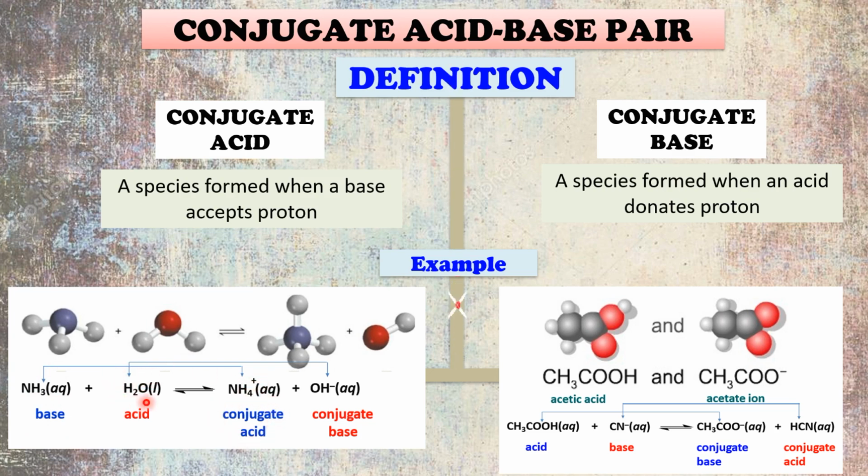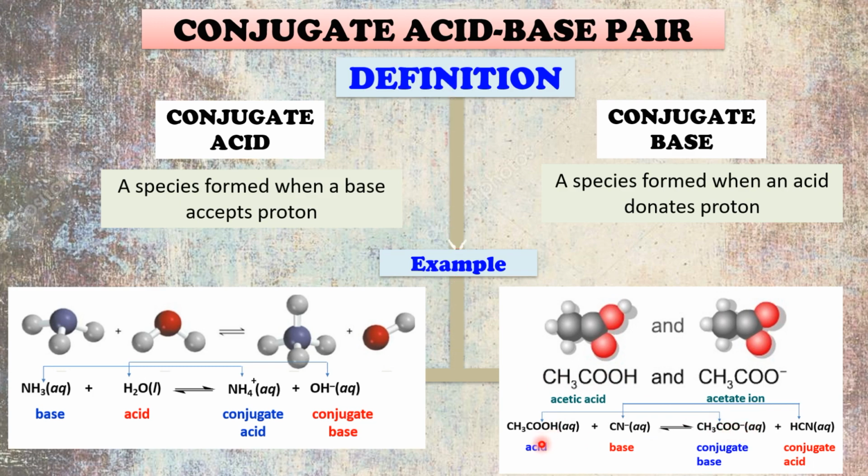Whereas H2O here donates a proton to NH3. So H2O is the acid and the product, the OH minus ion, is the conjugate base. Now take a look at the second example. Acetic acid is paired with its ion, CH3COO minus.